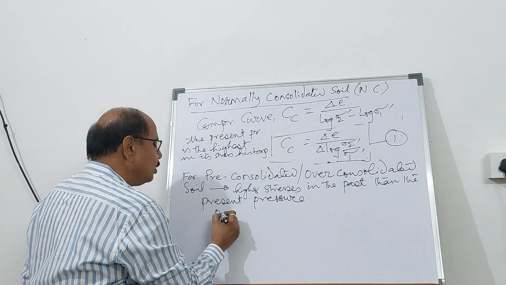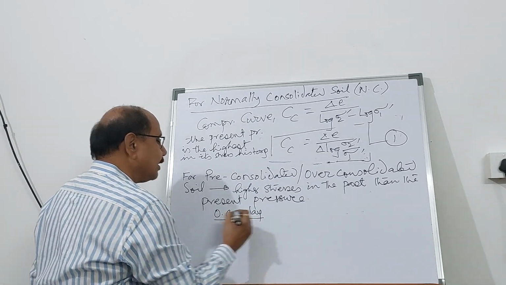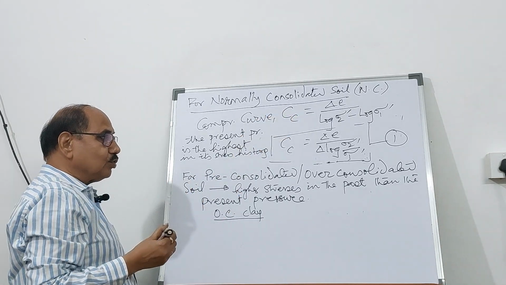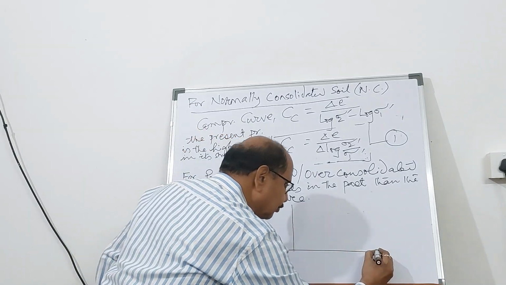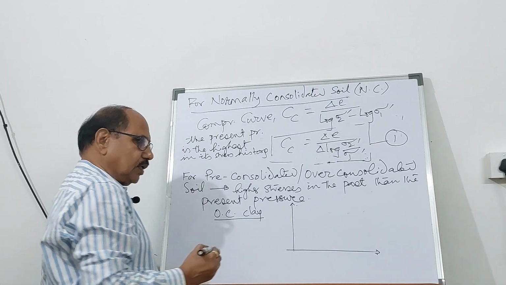It is also called OC clay, over-consolidated clay. So normally we have NC clay, we have OC clay. Now the behavior of OC clay, if you see, is different.